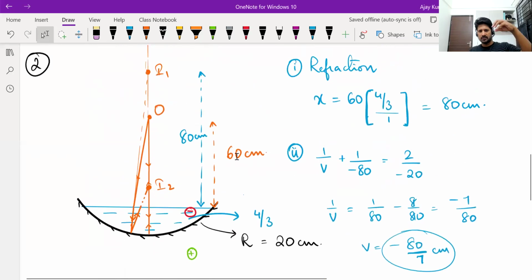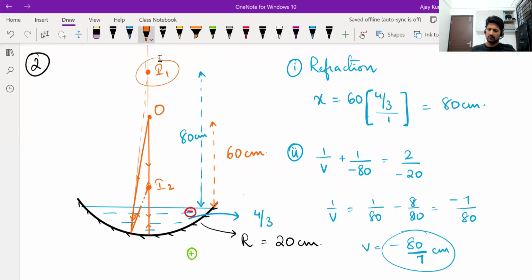Okay. See, first light from the object O enters into water through that flat refracting surface. So when light from O enters into water, it bends as if it is coming from I1. So we have to first find out where I1 forms, where the image due to the refraction at the water surface forms.